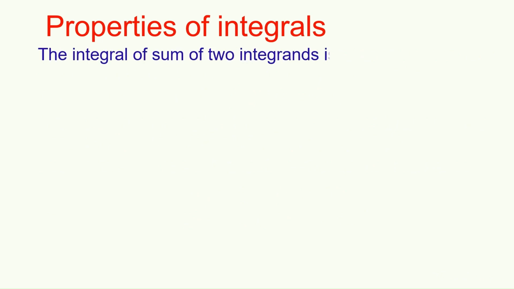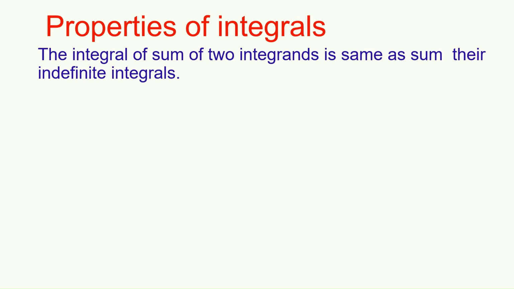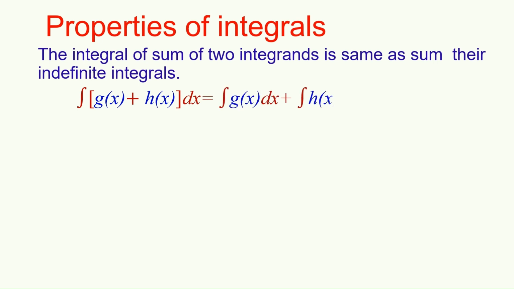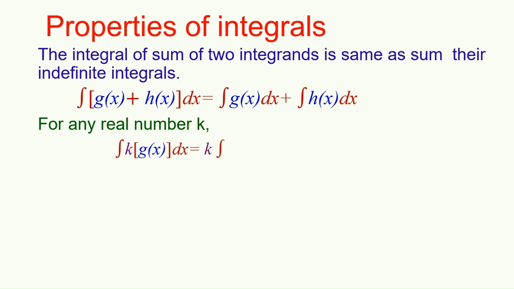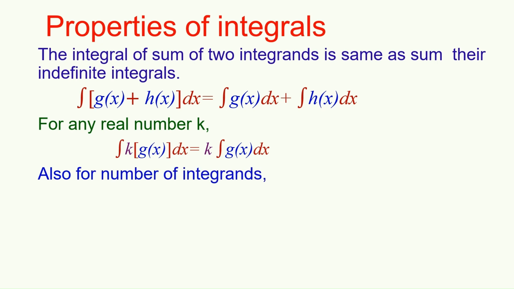The integral of the sum of two integrands is the same as the sum of their indefinite integrals. Indefinite integral of g(x) plus h(x) dx equals indefinite integral g(x) dx plus indefinite integral h(x) dx. For any real number k, indefinite integral k g(x) dx equals k indefinite integral g(x) dx. This is also true for a number of integrands.